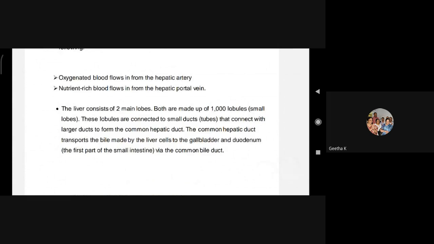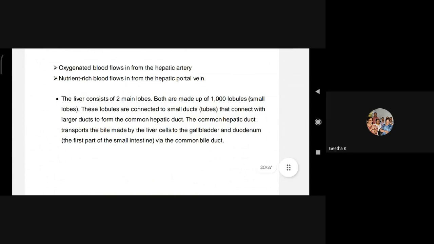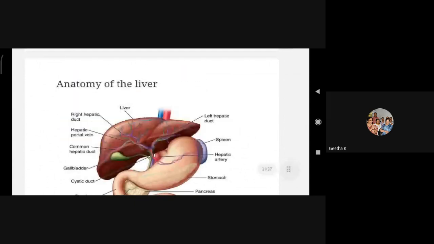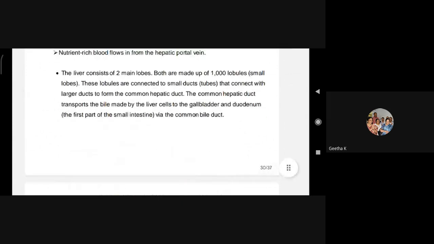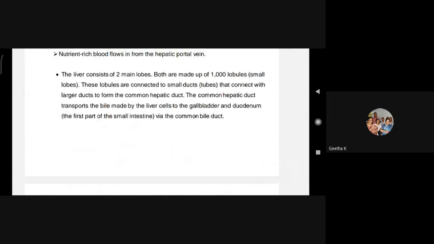Now, the next point is the liver consists of two main lobes. You can see here two main lobes. The right lobe is a bit larger and the left lobe a bit smaller. Both are made up of 100 lobules.